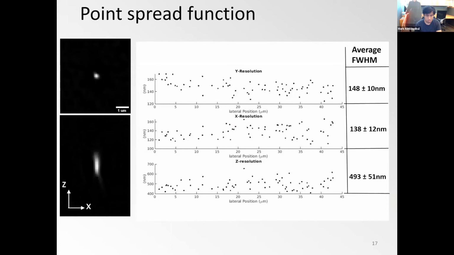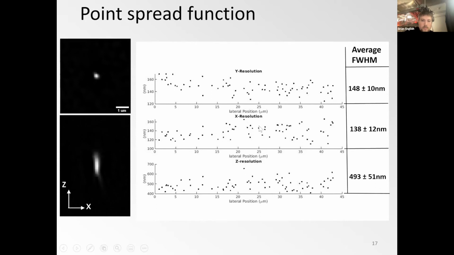Here is an analysis of full width half maximum measurements over a field of beads, over around a 50 by 50 micron field of view, which for a SIM system is around what you can typically get. For a light sheet system that sounds small, but for single cell work this is still a decent field of view.